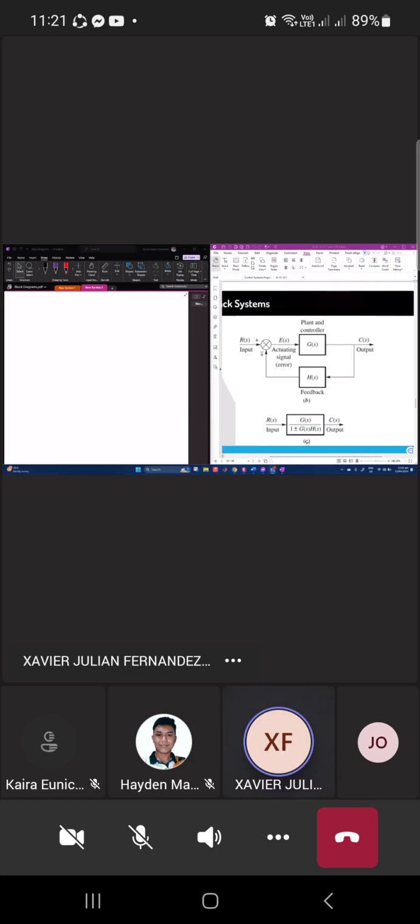Looking at your transfer function, we know that E of S is the input coming to G of S, and the output is C of S. So C of S is equal to E of S times G of S.